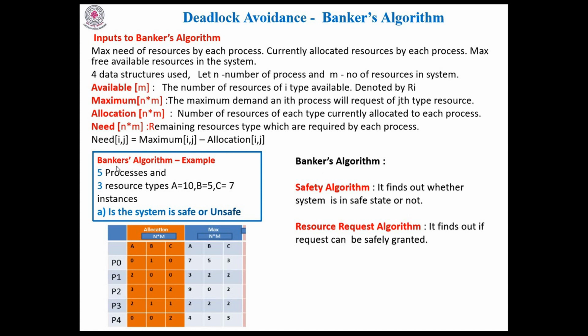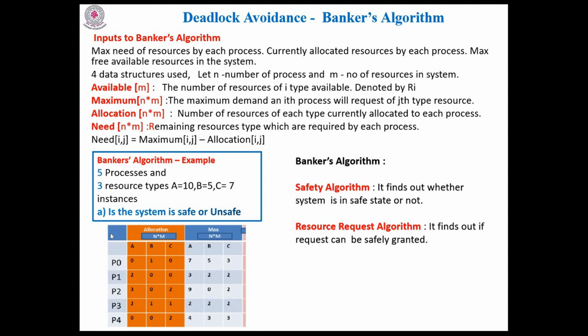Let us take an example. Banker's algorithm example. Let us assume 5 processes and 3 resource types, A, B, C. Let us assume A is the number of printers, B is the number of registers, and C is the number of CPUs or any other device. And how many processes? 5 processes.